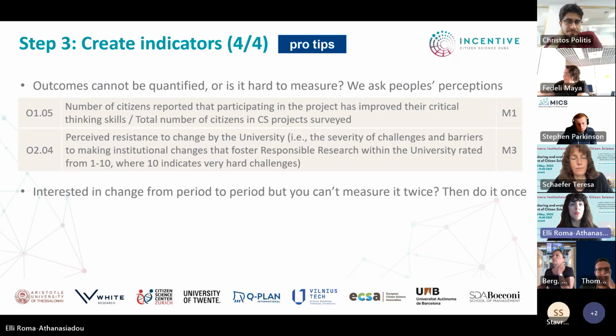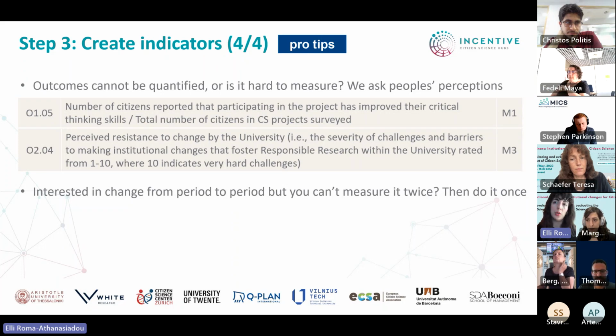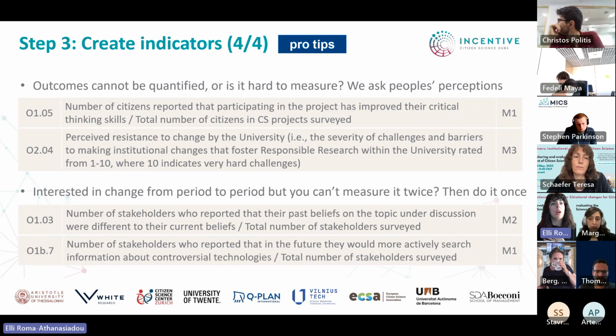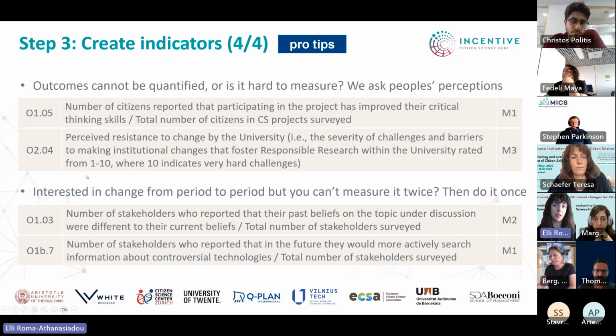Second, if you're interested in change from period to period, but you can only measure it once, then you can just do that, if you don't have the opportunity to actually perform the collection twice. So an example could be to find out the number of stakeholders who reported that their past beliefs on a topic under discussion were different to their current beliefs, and divide this by the total number of stakeholders surveyed.